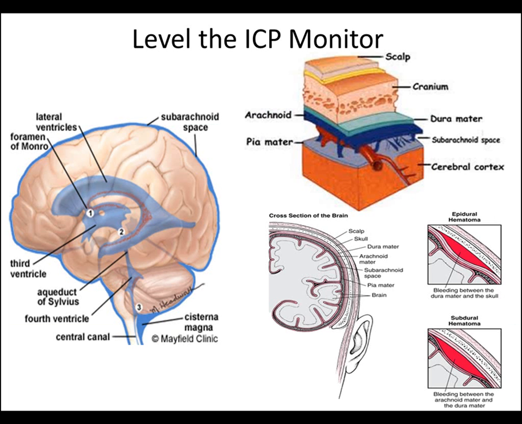I tried to pull out some other pictures of the layers of the brain so maybe you would have a little better understanding of where they sit. In your bottom right corner, you can also see what the epidural hematoma, which is bleeding between the dura mater and the skull, and the subdural hematoma look like, which is bleeding between the arachnoid mater and the dura mater.